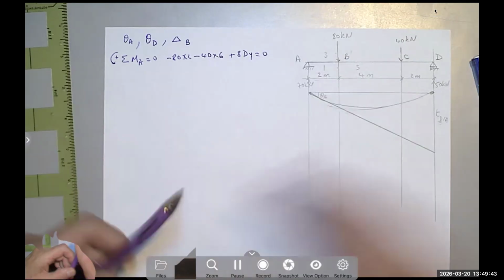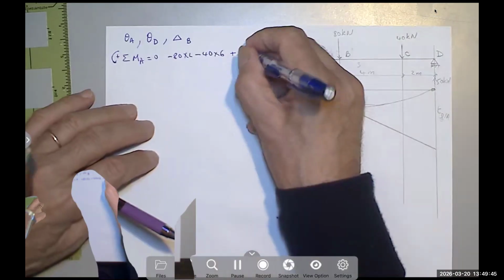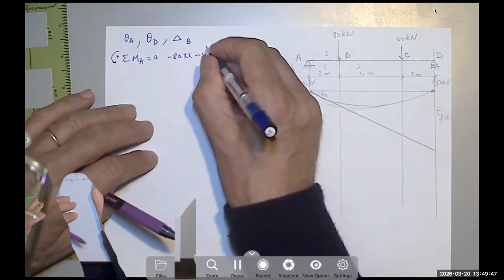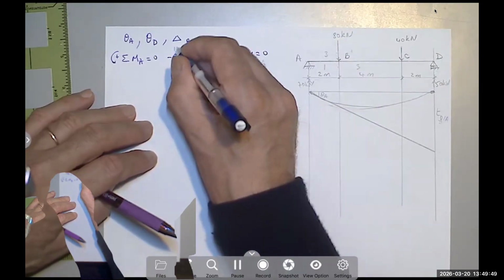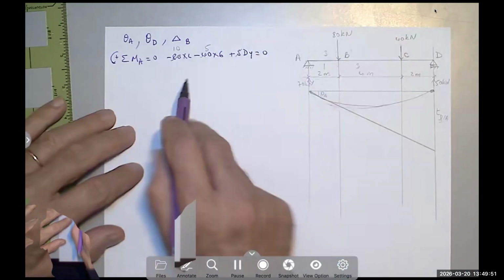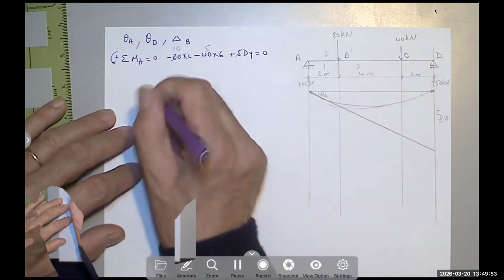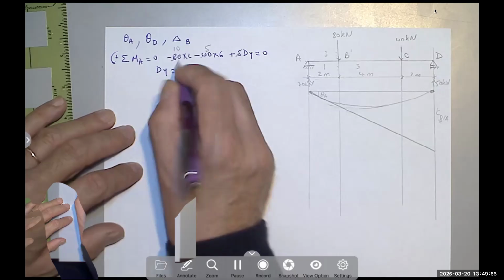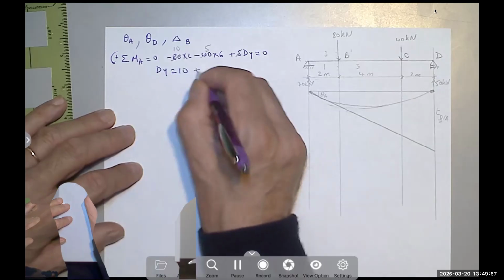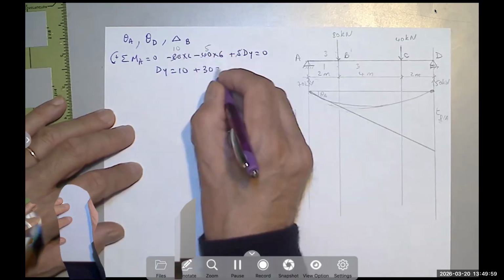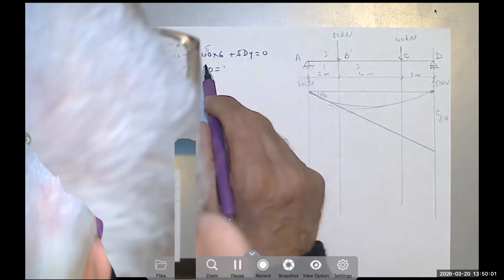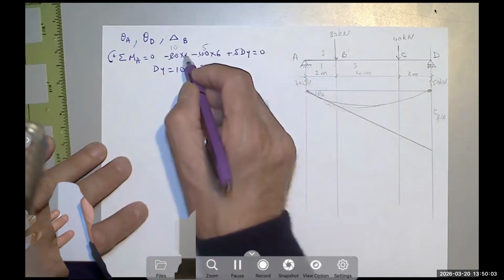You can see I can simplify by 8. If I simplify by 8, I get 5. If I simplify by 8, I get 10. When I move the Dy to the other side, I get Dy equals 10 plus 30 equals, did we say, no, that's a 2, not a 1, I'm sorry.